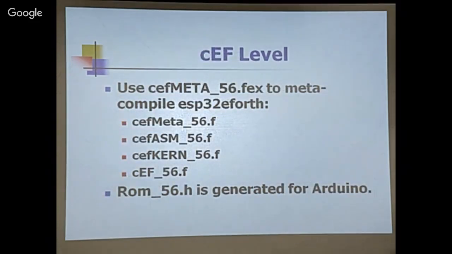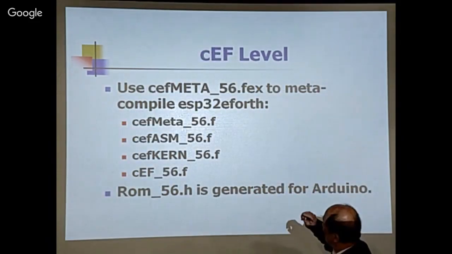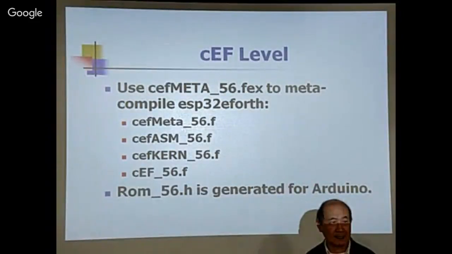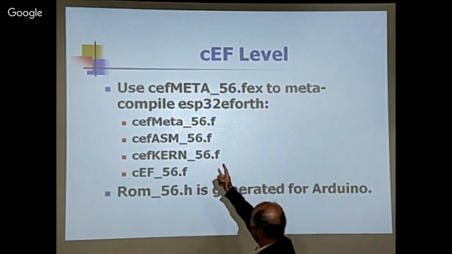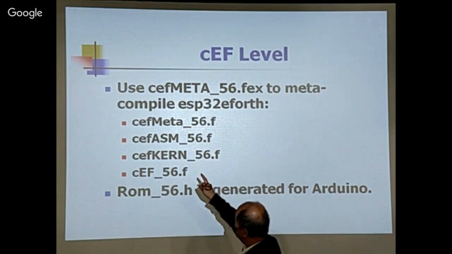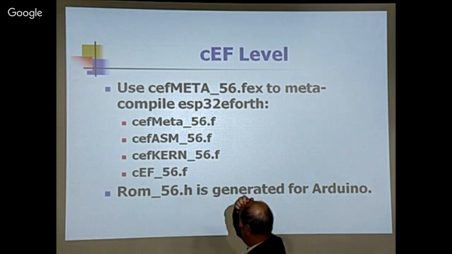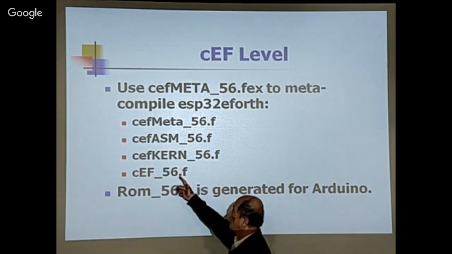At the CEF level, this is the Meta Compiler. The Meta Compiler has a CEF Meta, CEF ASM, that's the assembly, and a CEF KERN, that's the kernel, and the Forth itself. All these levels you can change.